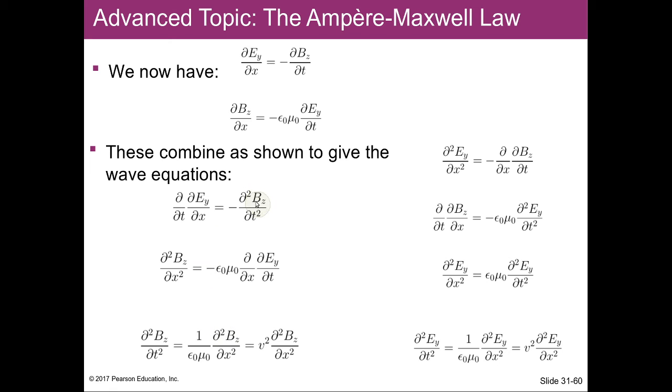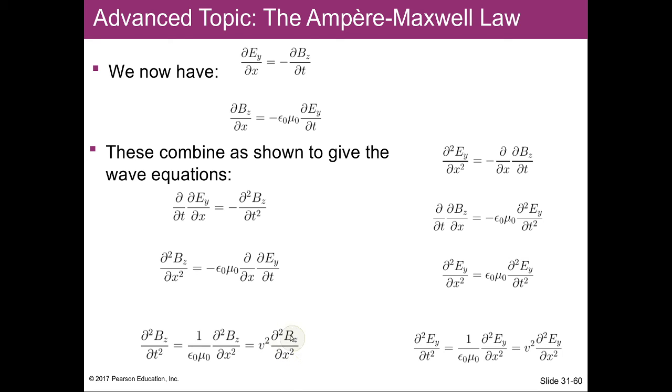I changed it around so that I have the time derivatives on the left side, and this moves over so that I get 1 over this constant times the d squared Bz by dx squared. And if you remember the wave equation, this is the wave equation. The second derivative with respect to time equals the velocity squared of the wave times the second position derivative.